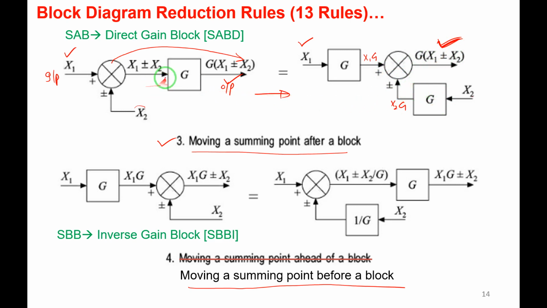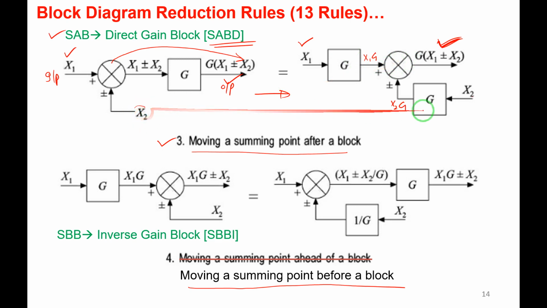Means if I shift the summing point after a block, just how to remember it, I am telling. I have written here in green color, SABD, direct gain block, you remember like this. If I shift the summing point after a block, it has to pass through the direct gain block. Observe here, I am shifting the summing point after a block, right? Yes, it is coming here.